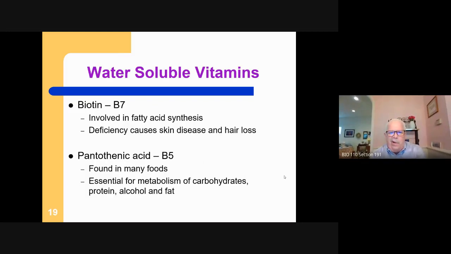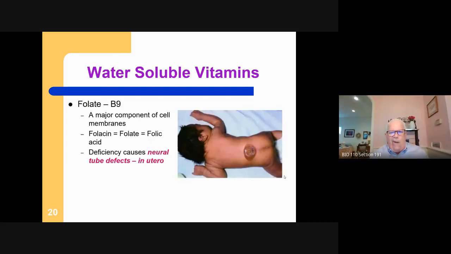Vitamin B7, also known as biotin. Biotin is involved in fatty acid synthesis. Pantothenic acid, vitamin B5, it is also involved in the metabolism of alcohol, carbohydrates, proteins, and fat. Folate, vitamin B9.